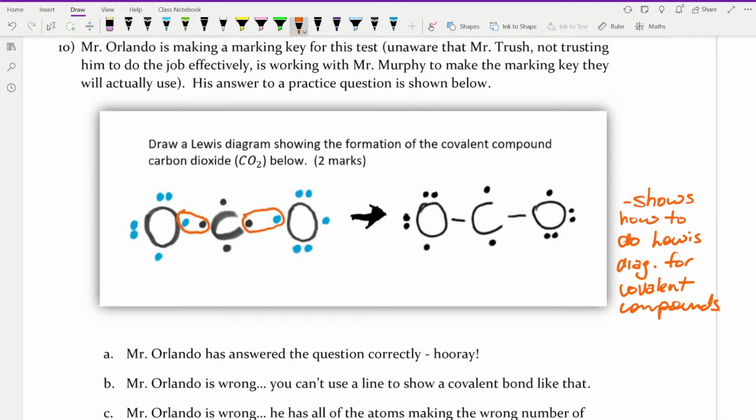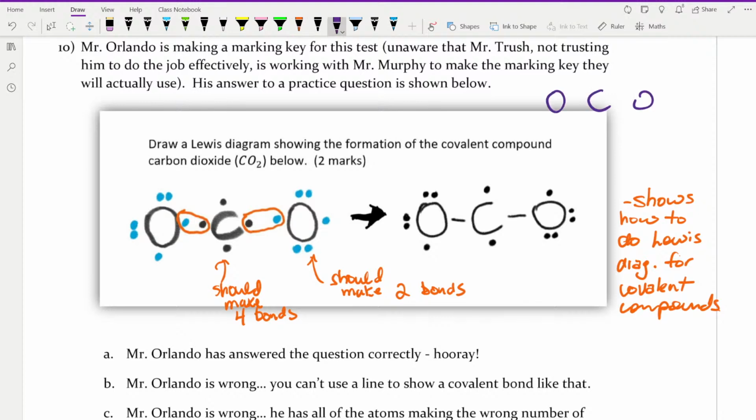But it does it wrong because oxygen should make 2 bonds. Carbon should make 4 bonds.